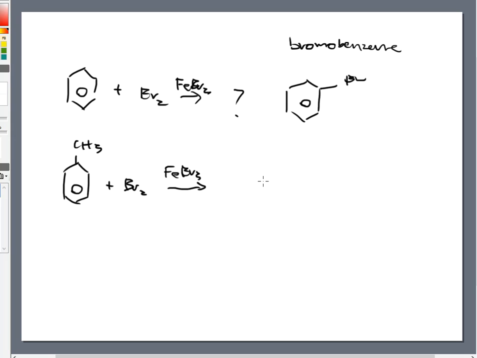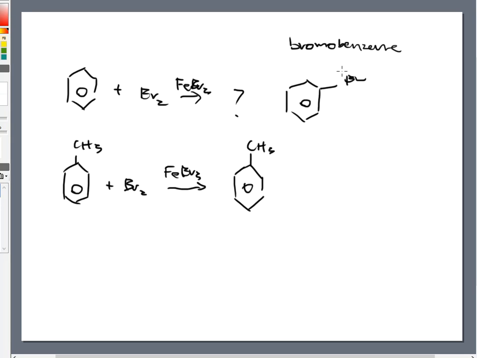Folks, if you can do the above example as easily as you did, then you should be able to do this example just as easily. No major difference except for the concept that toluene is a director. The alkyl group of CH3 is a director on this benzene ring, so it's going to tell that incoming group where to go.